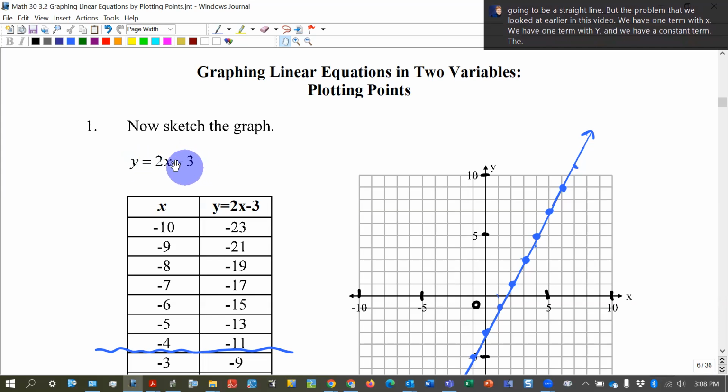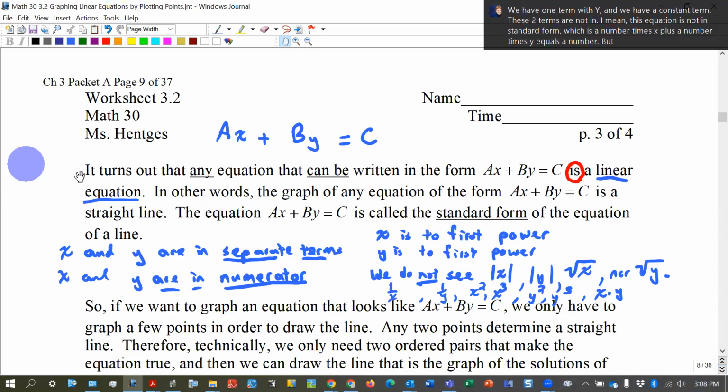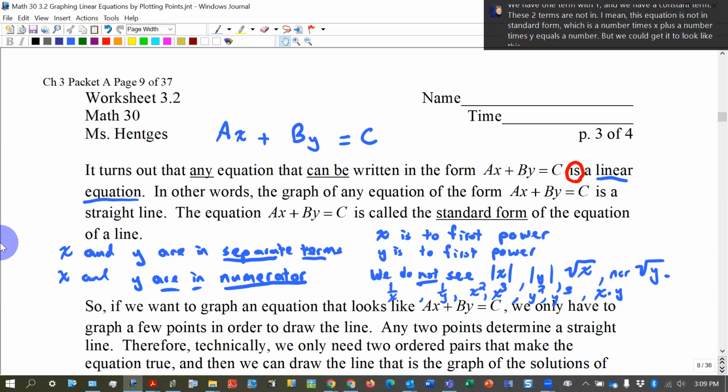This equation is not in standard form, which is a number times X plus a number times Y equals a number. But we could get it to look like this.